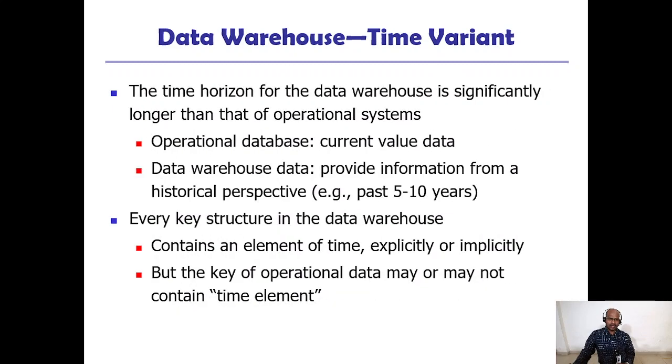The data warehouse is time-variant, which means unlike operational data, the data warehouse contains data for longer periods of time, longer than the operational database systems. Operational database systems contain current data, whereas the data warehouse contains information from a historical perspective, maybe from the past 5, 10, 15, or 20 years.